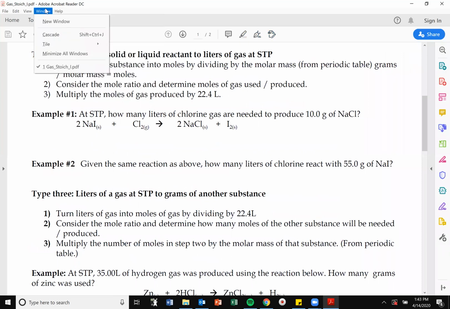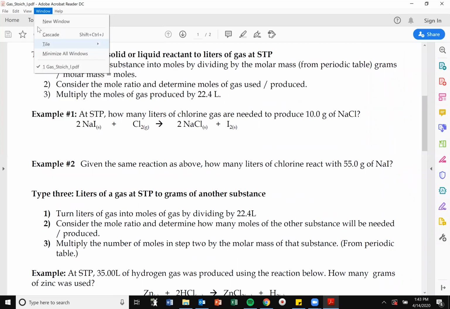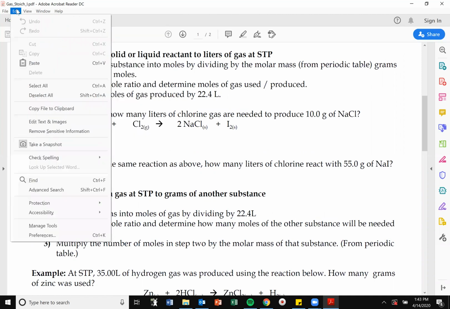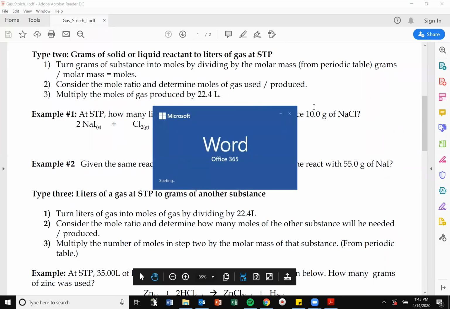And it really sucks. This is like the worst program in the whole wide world. I hate this program. I can't even write on this document. Okay. What I'm going to do is, let's see here.